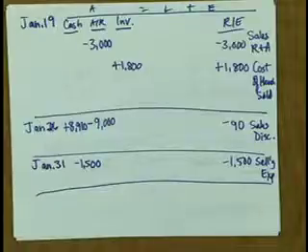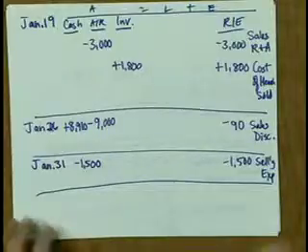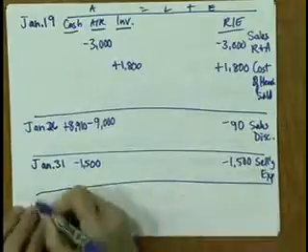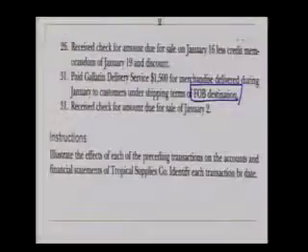All right. Received a check for the amount due on the sale of January the 2nd. Well, I don't think there were any credit terms on that one. I'll just back up. No, just due at the end of the month. That's good. So they're receiving cash of $8,000, and their accounts receivable goes down by $8,000.